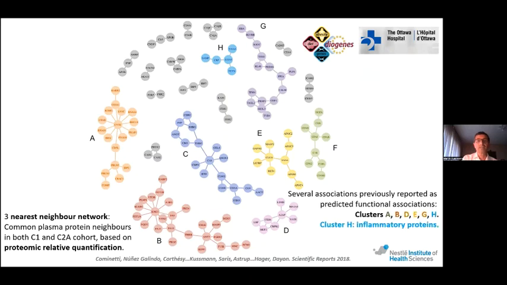So these are protein networks that are known to be functional, and several of these associations have been previously reported as predicted functional associations. And these are the clusters here, A, B, D, E, G, and H. And interestingly, the light blue cluster H comprises inflammatory proteins.